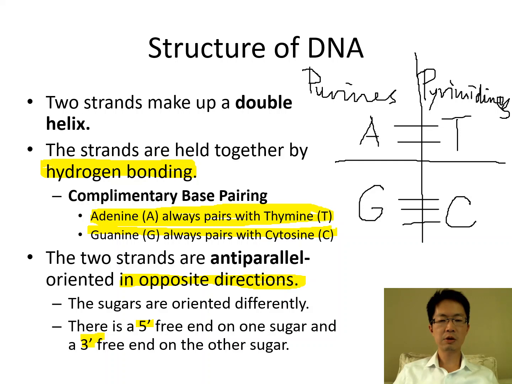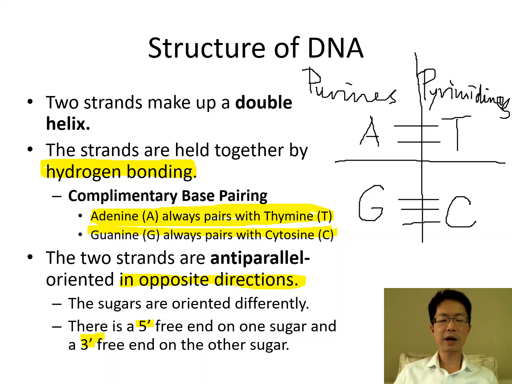So the 3', 5' is basically the numbering of the carbon atoms on the pentose sugar. We put numbers 1, 2, 3, 4, 5 to the 5 carbons in the pentose sugar. And then the 3' carbon and the 5' carbon are connected to different groups, and it forms a chain in the backbone.